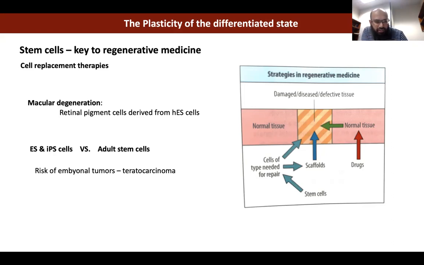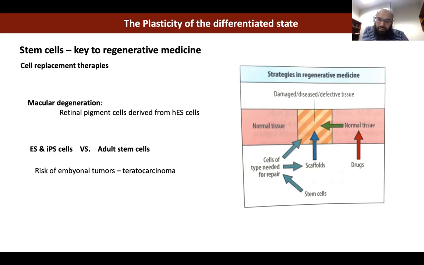So we discussed earlier the biggest risk, the rejection. Alternatively, you can take the embryonic cells from the same person or a related person. For example, in some Western countries nowadays, when a baby is born, they keep part of the umbilical cord because it is a source of perinatal stem cells.